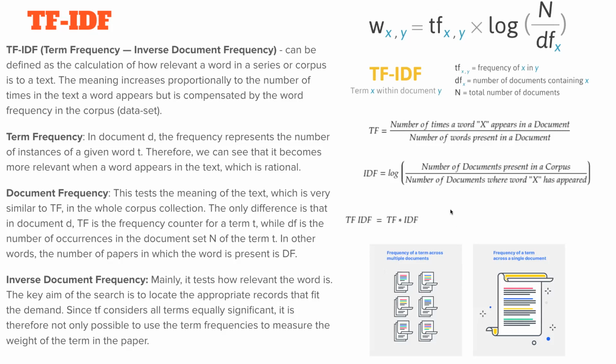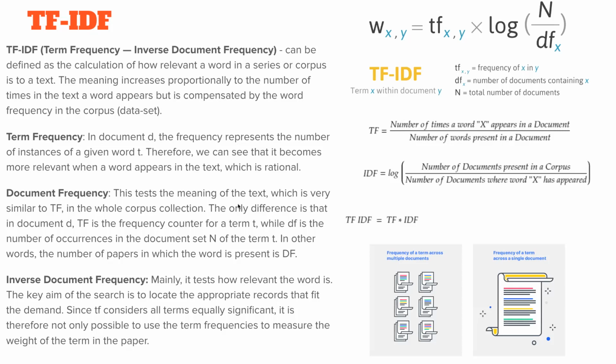So in order to understand TF-IDF, first thing you need to understand is what a term frequency is. In document D, the frequency represents the number of instances of a given word T. So we can see that it becomes more relevant when a word appears in the text, which is rational.